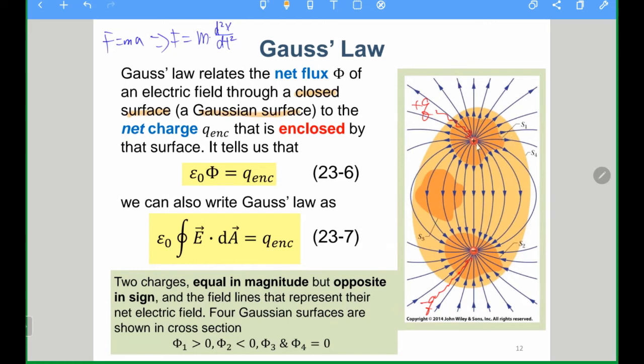So here, suppose this is the first Gaussian surface. Of course, it is in 3D, but here we only draw in 2D. So suppose this one is S1. When we try to apply Gauss law for this S1, we say the integration of E dot dA equals Q enclosed over epsilon naught, with epsilon naught in the front.